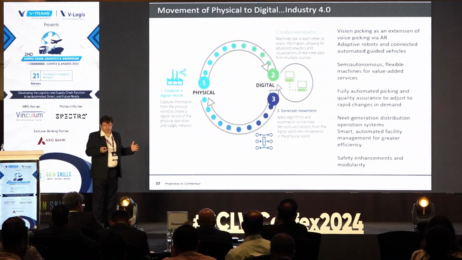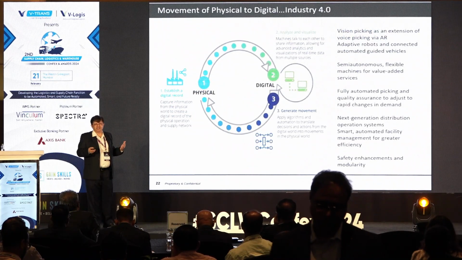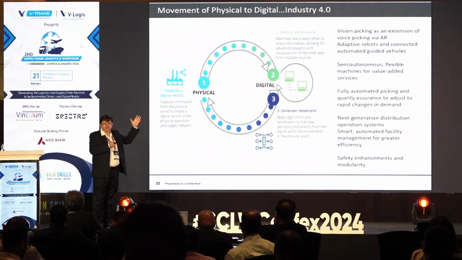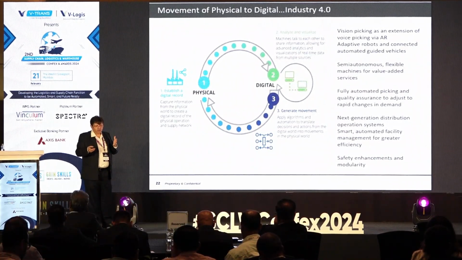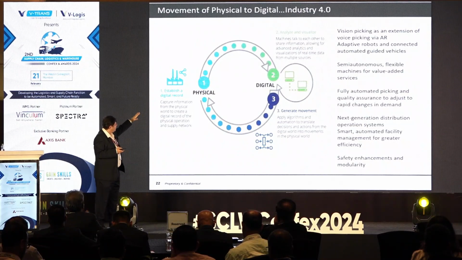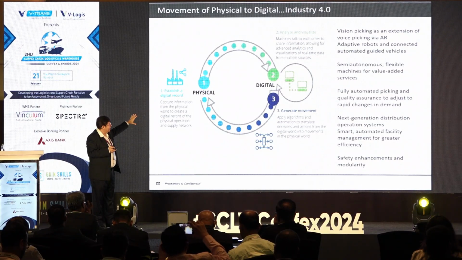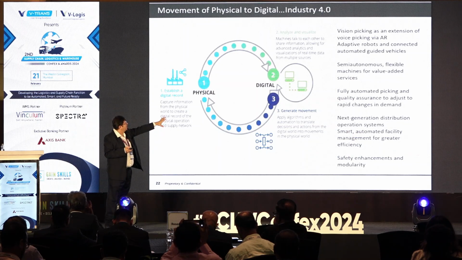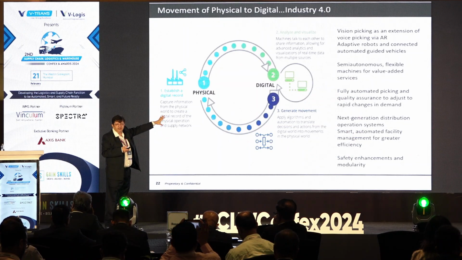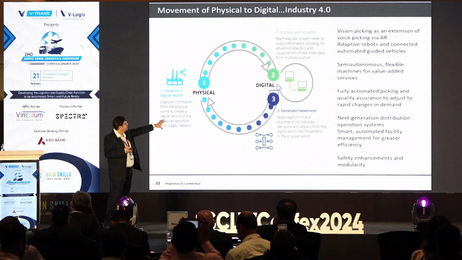Right? So now we talk about a lot of industries moving from industrialization 1.0 to 4.0, and this is how it has moved from a physical way of working to a digital way of working, right? And this is the revolution that we see, right?